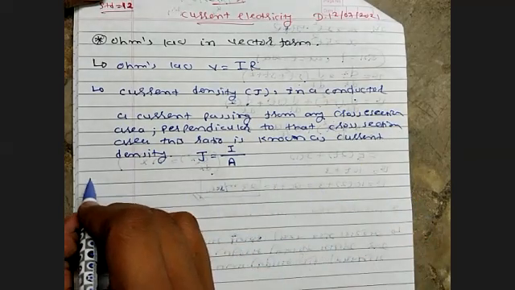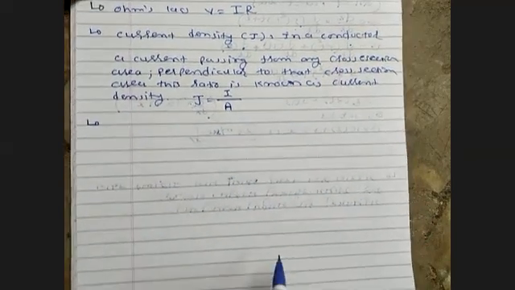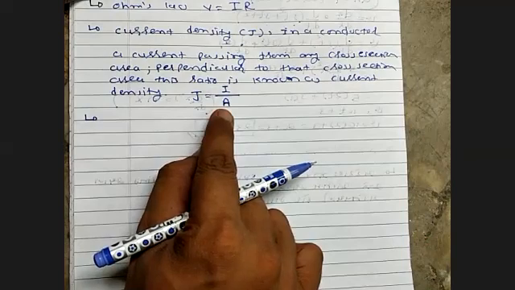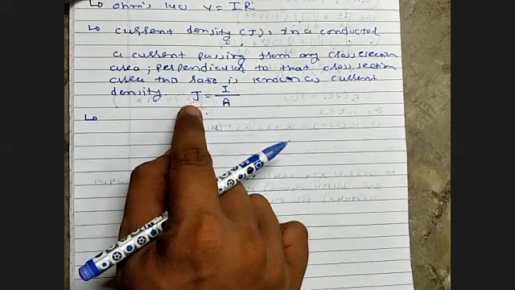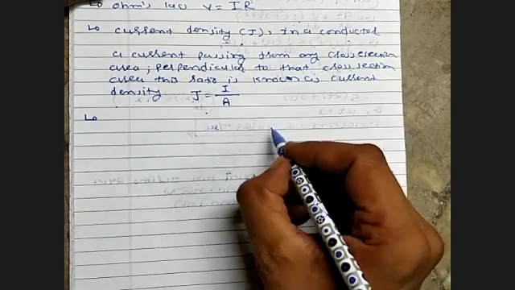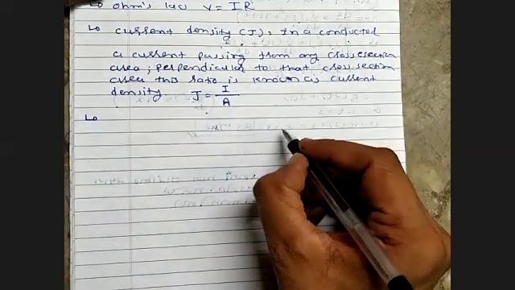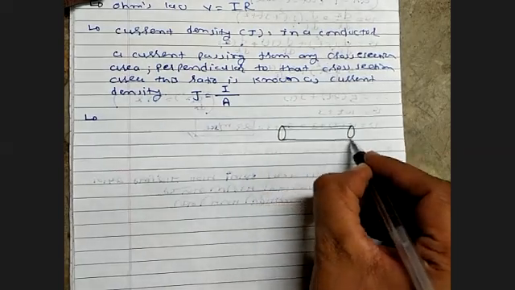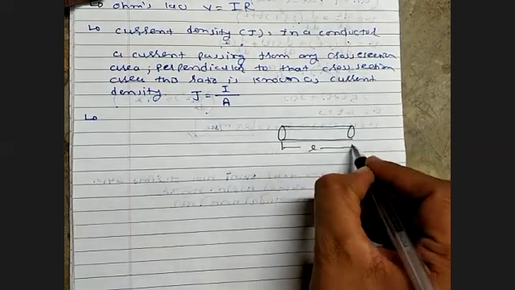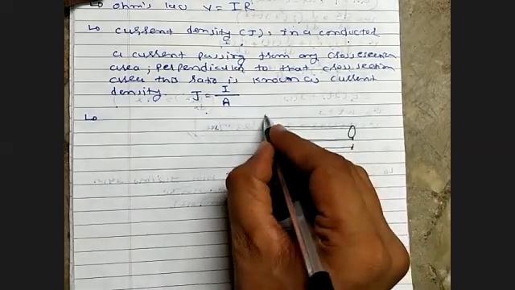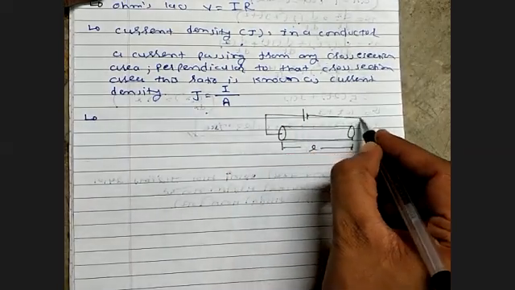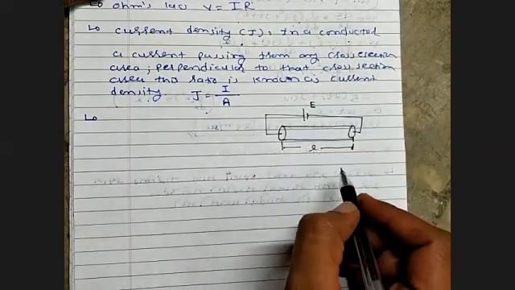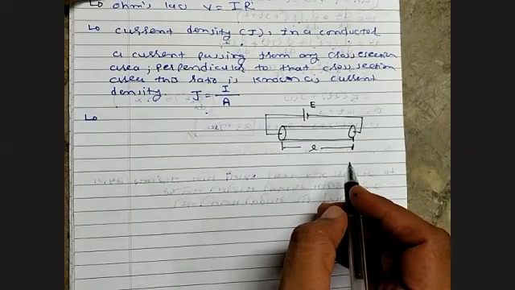Now move further. As you know, current passing perpendicular to any cross section area, this ratio is named as current density J. Now suppose we draw a conductor over here, and this conductor's length is L. And if we connect the battery over here, the battery gives the potential difference.